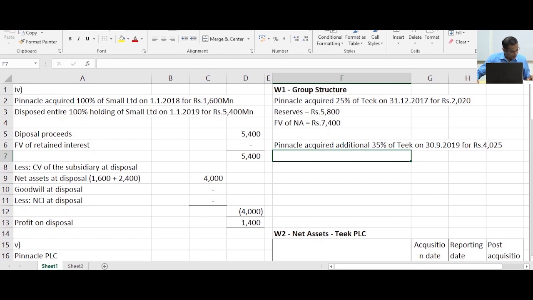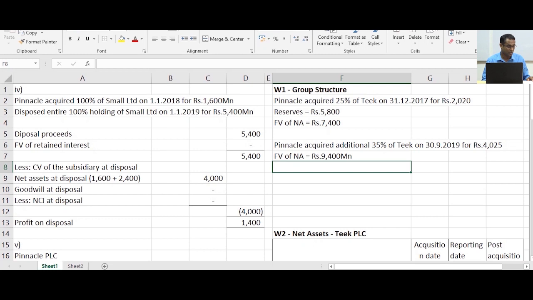On that date, the fair value of the identifiable assets and liabilities of Teak, the fair value of the net assets, was 9,400 million.